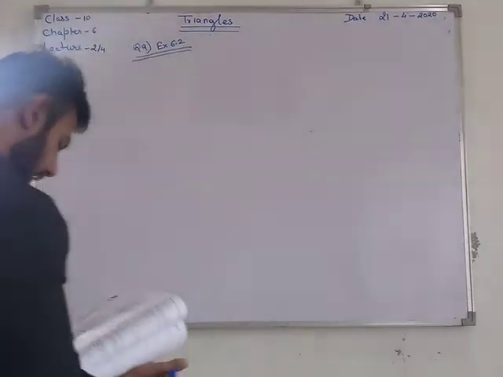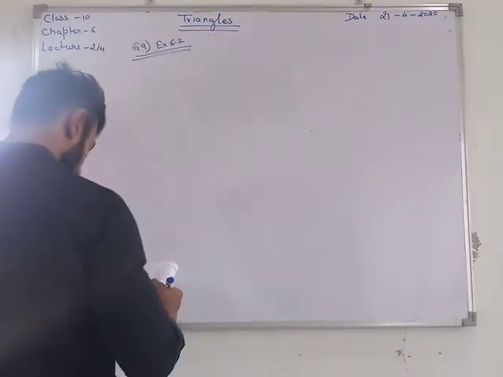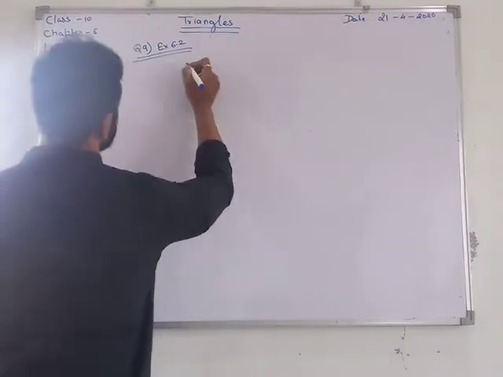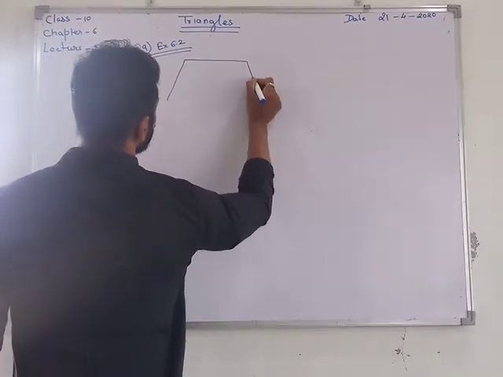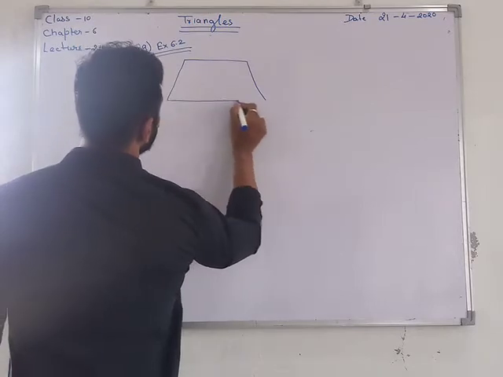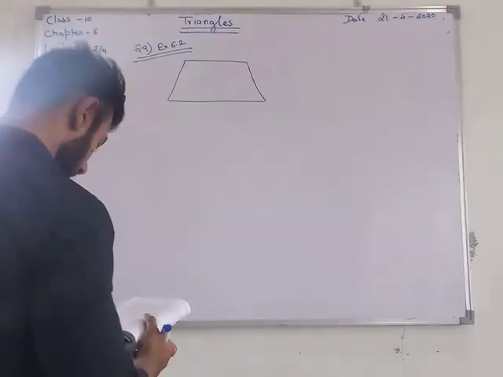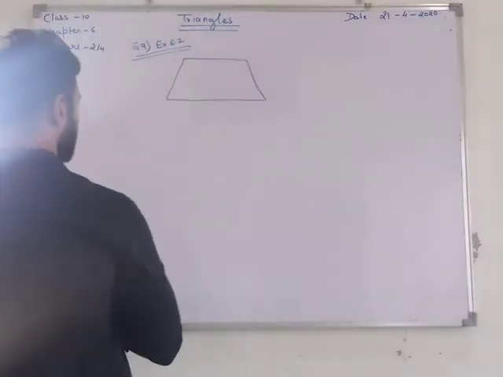So what we have given with here, one trapezium is given to us. This is the trapezium ABCD.